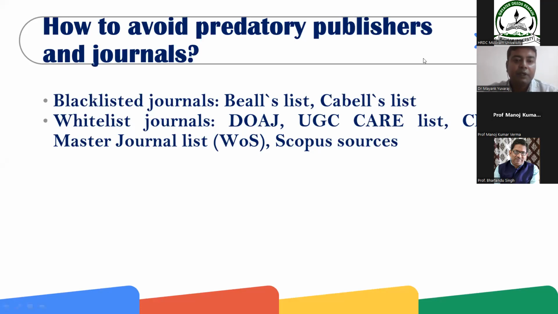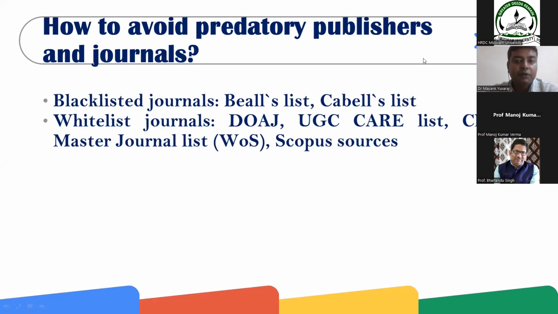Mainly, if you see the list, there are two kinds of lists. The first one is blacklisted journals, which you can find in Beall's list or Cabell's list. Beall's list is open source, and in it you'll find the complete details of journals which are blacklisted, or which are predatory in nature.